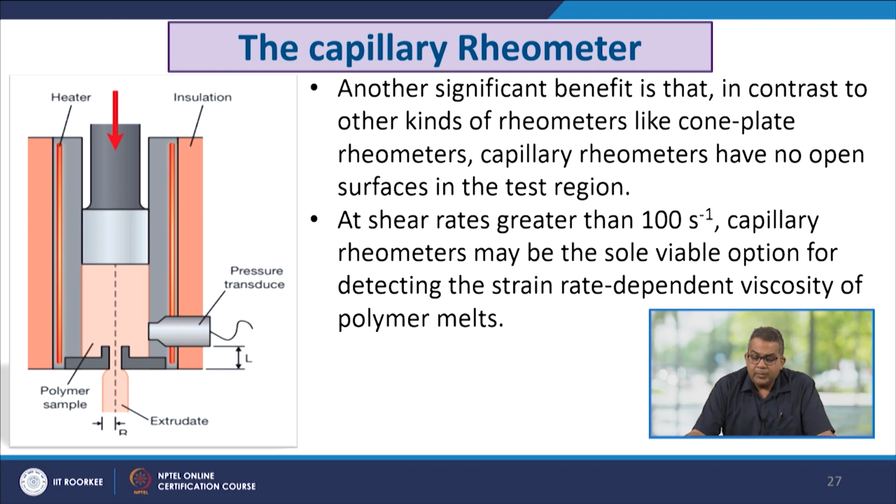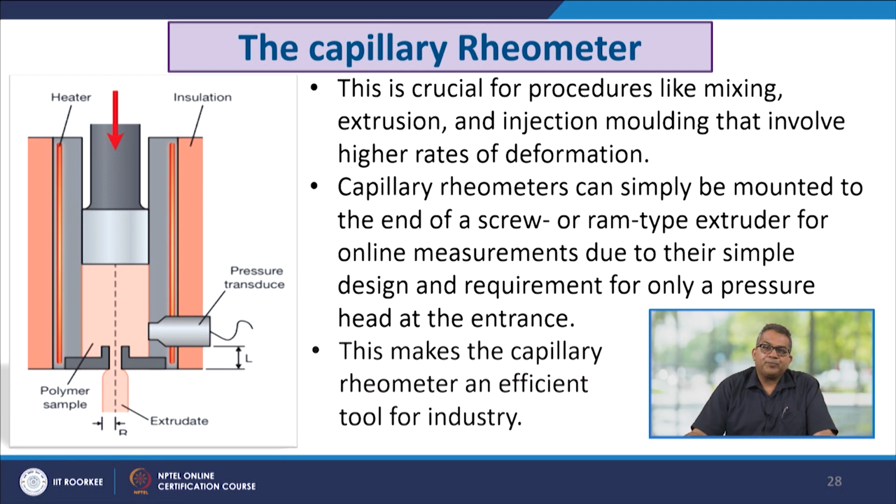Another significant benefit is that, in contrast to other kinds of rheometers like the cone plate rheometer, capillary rheometers have no open surface in the test regime. Now, at shear rates greater than 100 per second, the capillary rheometer may be the sole viable option for detecting the strain rate dependent viscosity of the polymer melt.